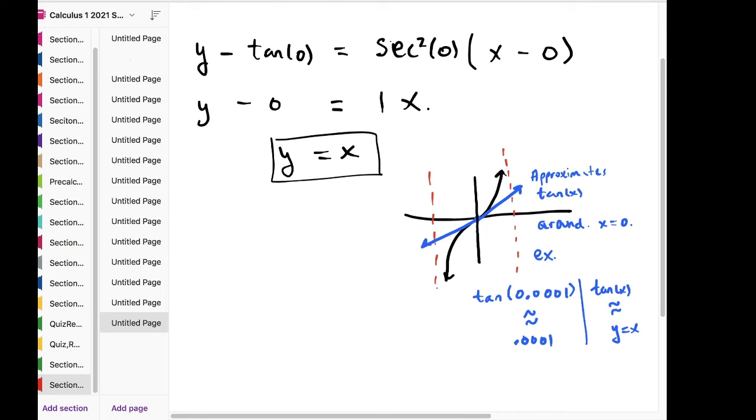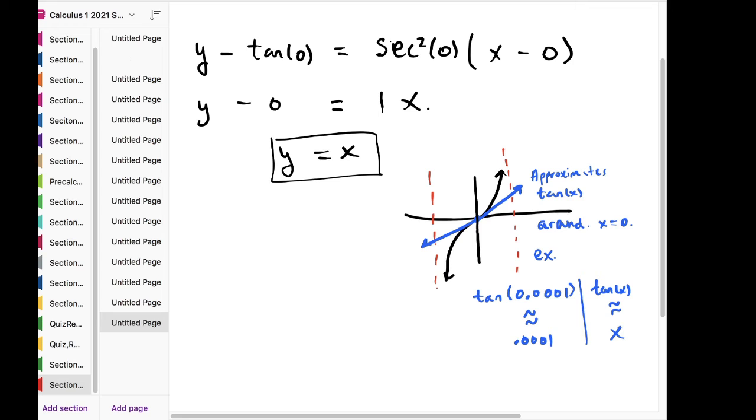So something to think about, like, why do we care about the equation of a tangent line? Well, we'll find out later that it allows us to get very approximate values.